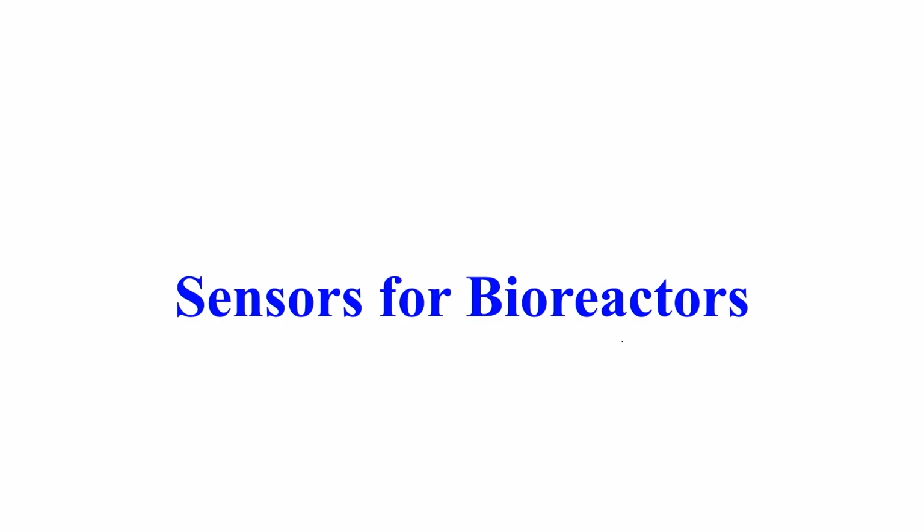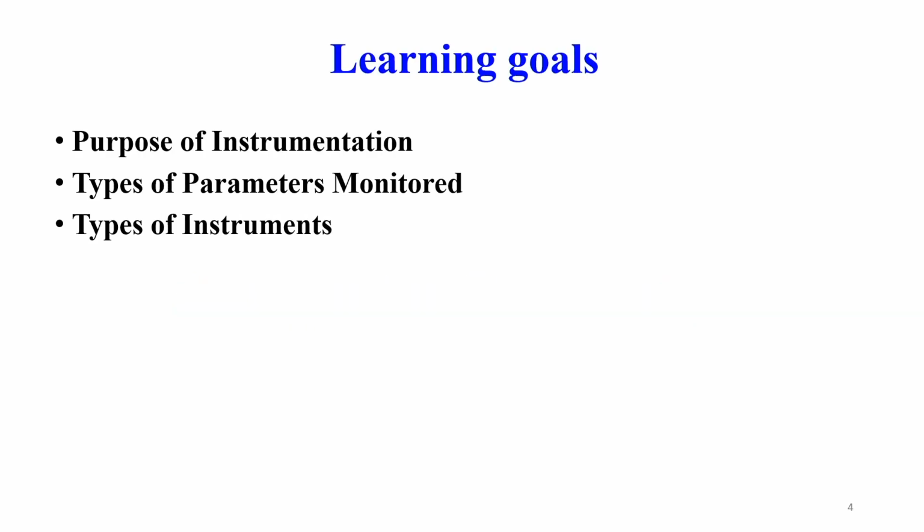In today's lecture the first topic will be the sensors for bioreactors. In this lecture we will first discuss why we need to go for bioprocess instrumentation, how it is relevant, and what its importance is. Then what are the parameters which we are going to monitor.